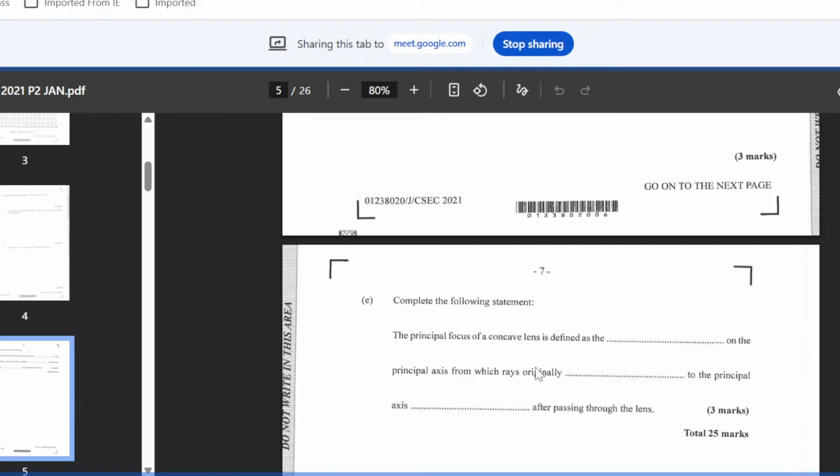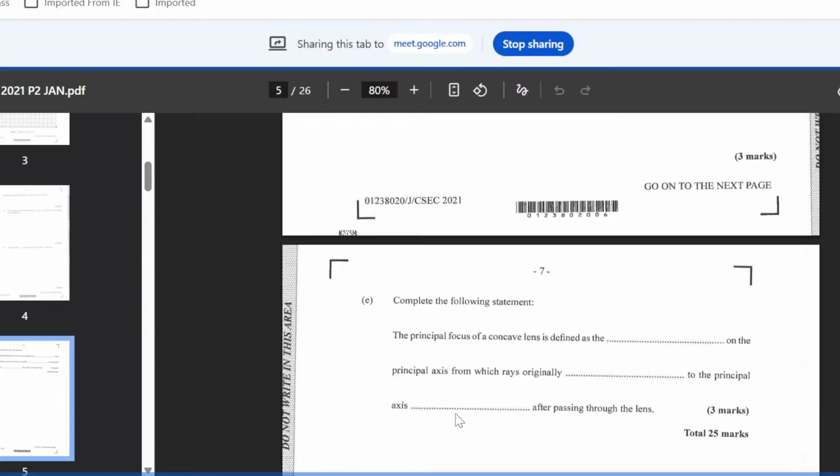So the rays are originally parallel to the principal axis, and then they do this after, and you might have to use more than one word for that third line. So to the principal axis.